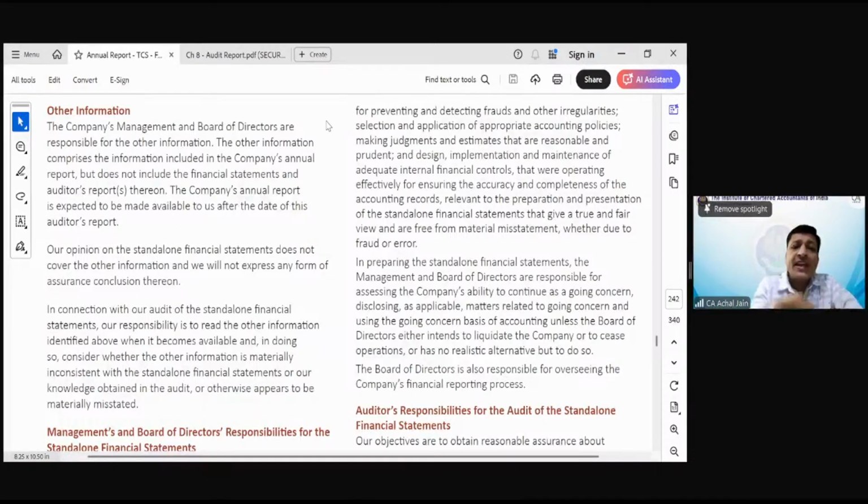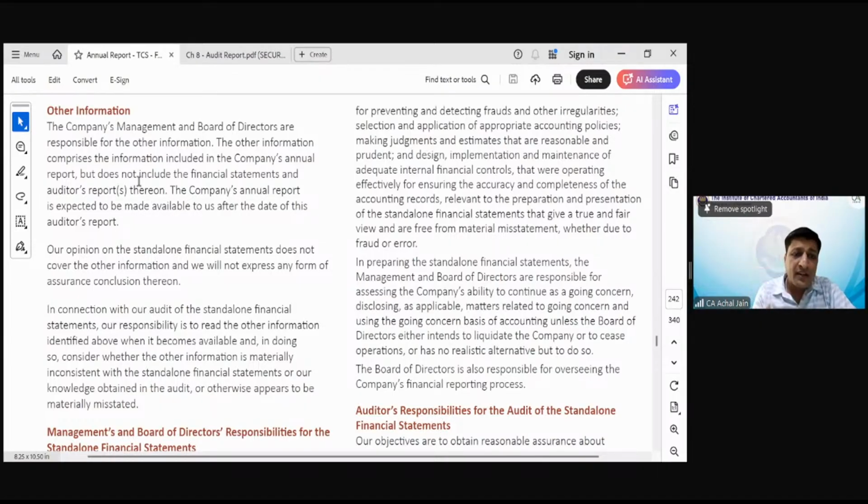So auditor says that the other information comprises the information included in company's annual report, but it does not include financial statements and auditor's report. He is saying that other information is prepared by the management, board of directors. It doesn't include financial statements. Further, he is saying that the annual report is made available to us after the date of this auditor's report, so that's why we couldn't look at that other information.